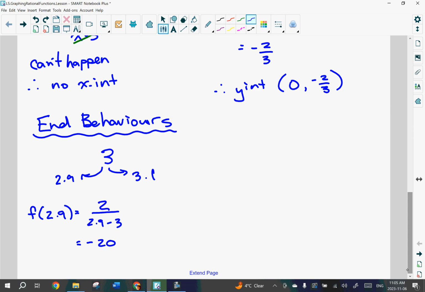Then let's check for f of 3.1. I'm hoping this is a really big positive number. 2 divided by 3.1 minus 3. Oh, positive 20. Bingo bango.